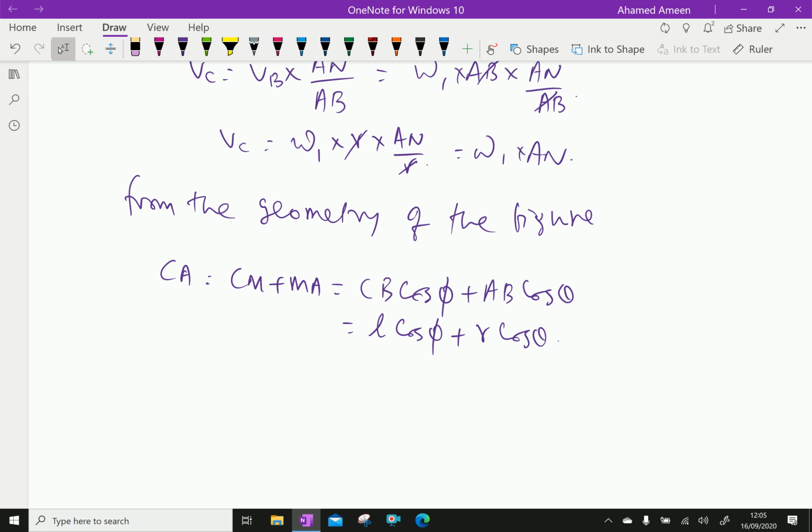Now AN equals CA tan phi, which is equal to L cos phi plus R cos theta, into tan phi.